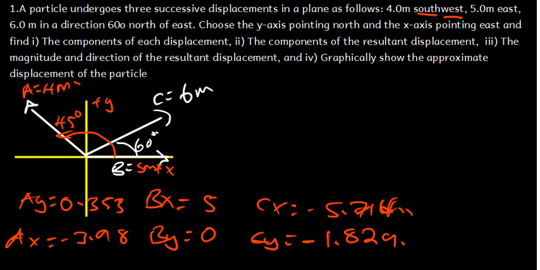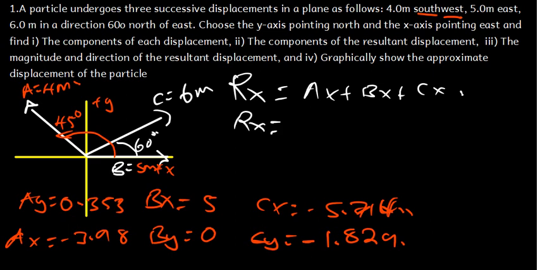Now the next question is asking for the components of the resultant vector. The resultant vector is the addition of all, so we are going to add the x components alone as well as the y components alone. The x component is going to be Ax plus Bx plus Cx. So Ax is 0.353, plus Bx is 5, then plus Cx is negative 5.714.